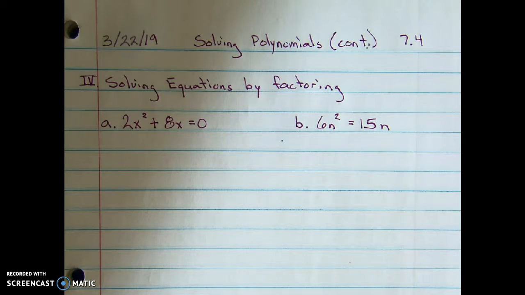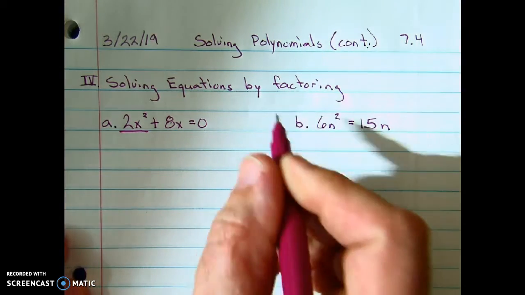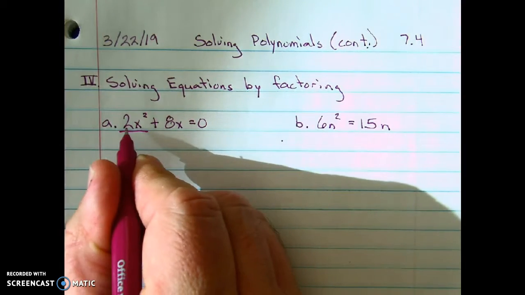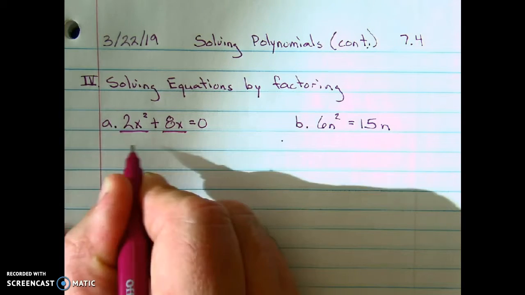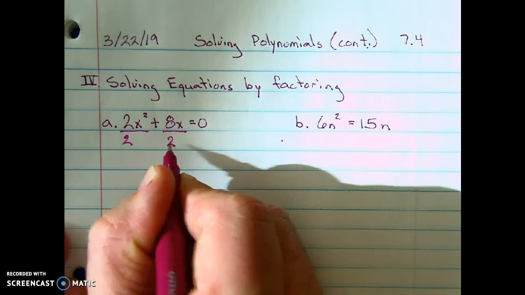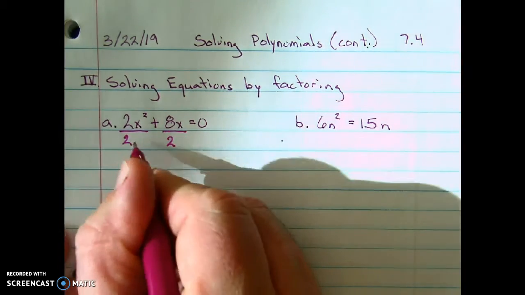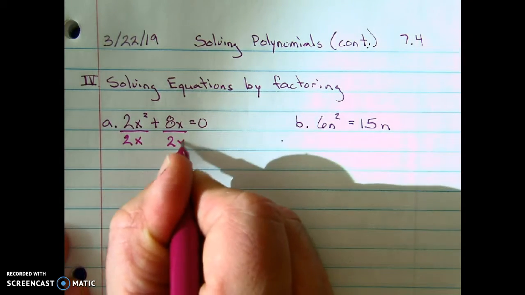So first off, on letter A, I'm looking at those two expressions there, and I have to divide out the GCF. And remember, dividing out is the same thing as factoring. So I noticed we have a 2 and an 8, and so the number 2 is going to go into both of those. So I know I can divide by 2. And then also, they each have at least one x. So I can divide by 2x.